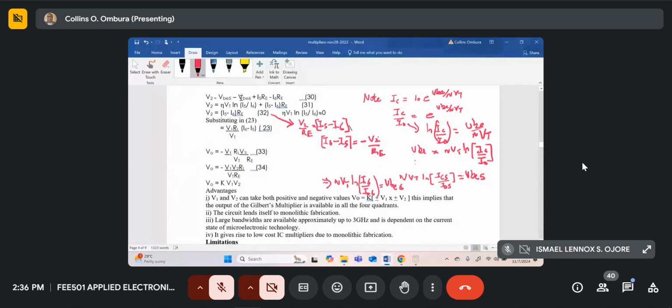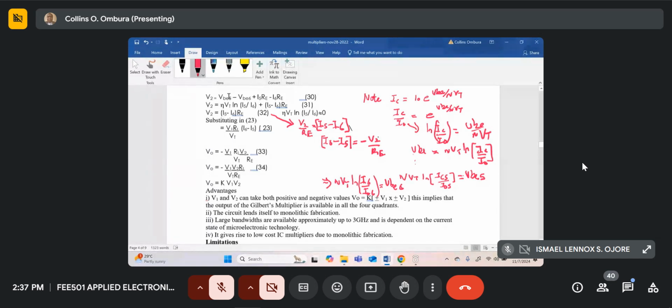So the first term in equation 30 is V2 is equal to VB5. But what is VB5? VB5 is neta VT natural log I5 over I naught. So minus VB6, what's VB6? Is neta VT natural log I6 divided by I naught.